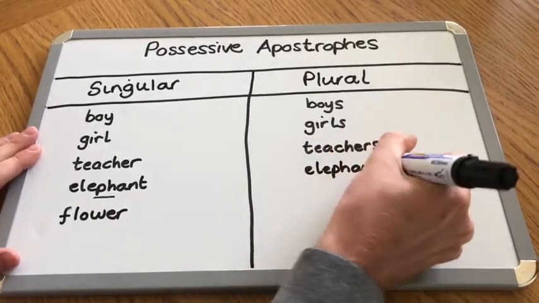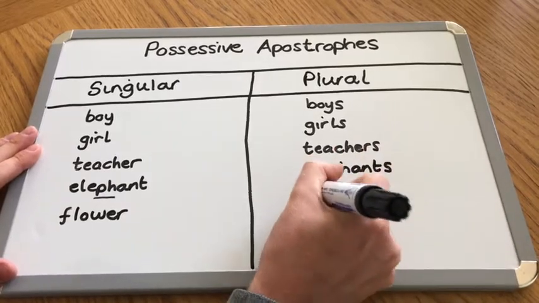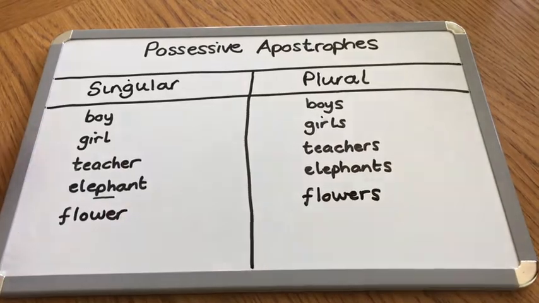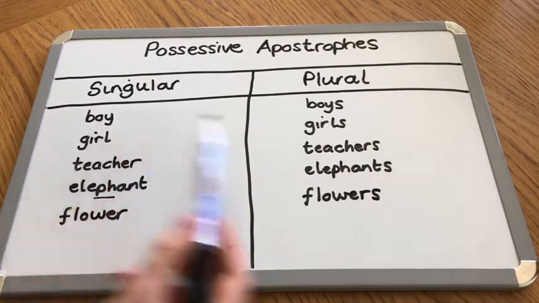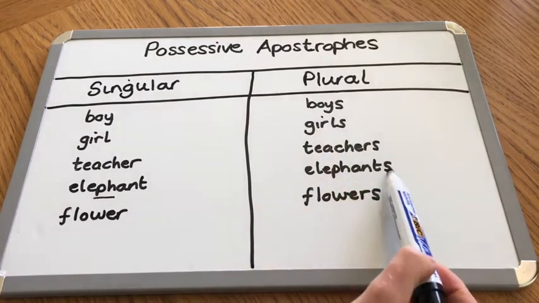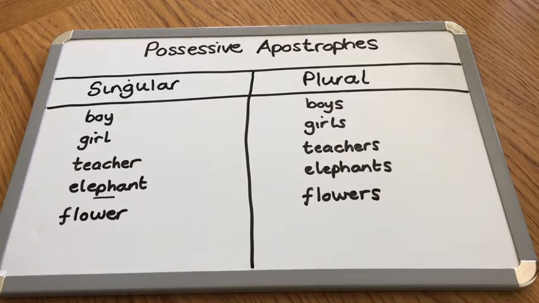Have you spotted the rule for changing these words to plural? All of those words, to change them from singular to plural, you add the S. They all follow the same rule.